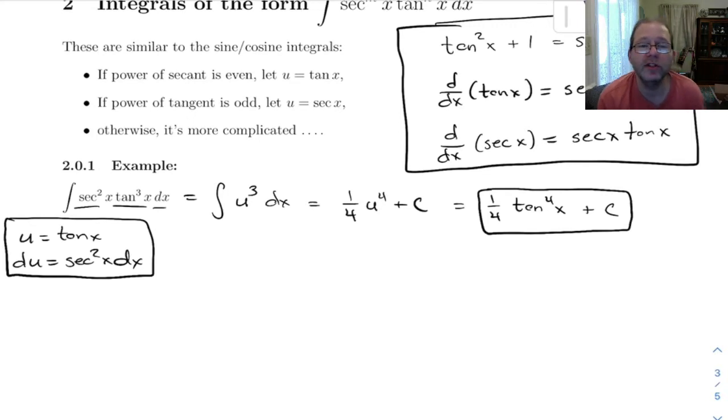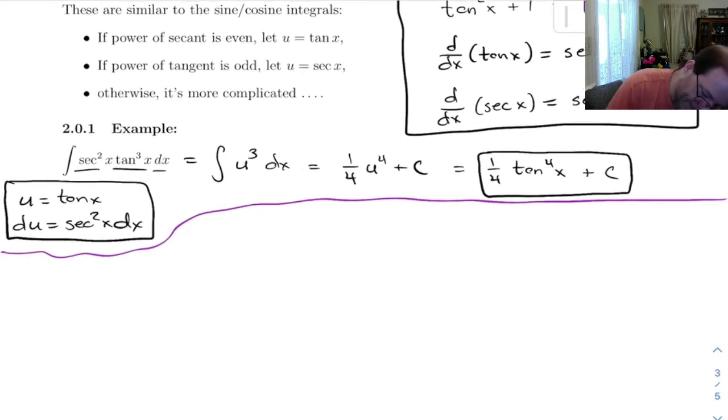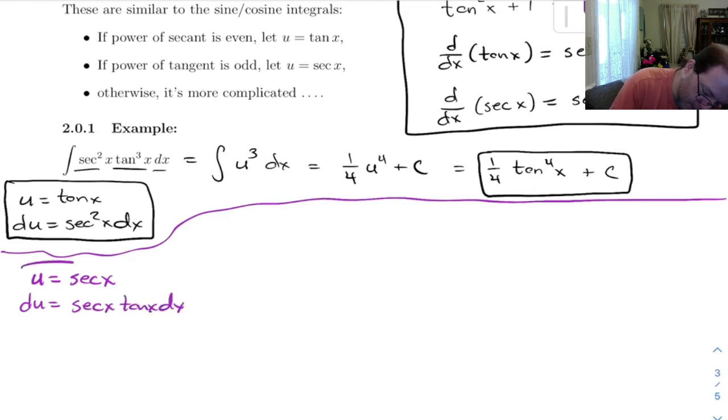But let's do it the other way just to see what we get and to see that they're equivalent to each other. So I'll do it in purple so that it's different. All right, so in purple, I'm going to let u equal secant. And du is going to be secant x tan x dx.